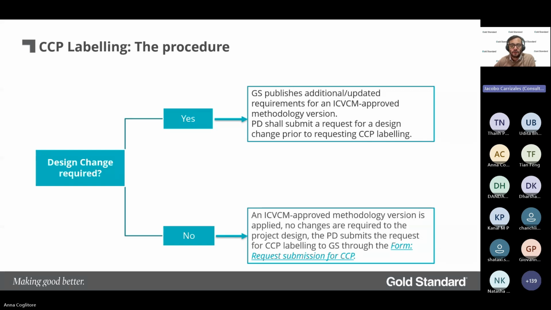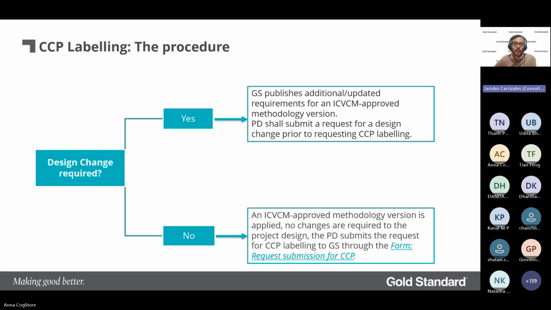But if this is not the case and there is no design change required, projects shall follow the procedure of the CCP labeling by submitting the request submission form for CCP. This form is also available on our website for those who are interested in having a look at it.